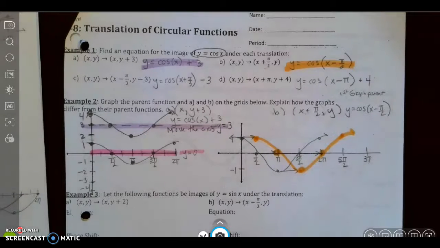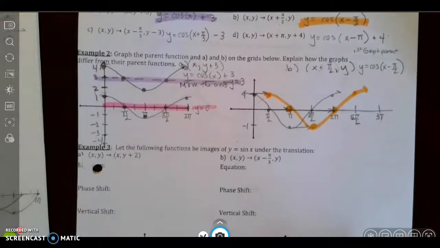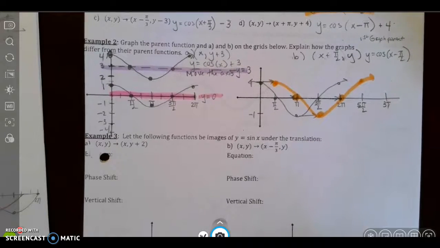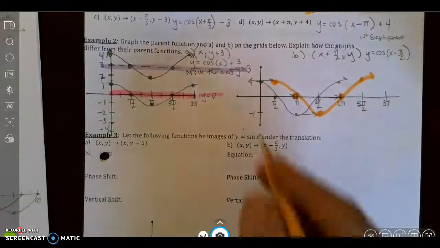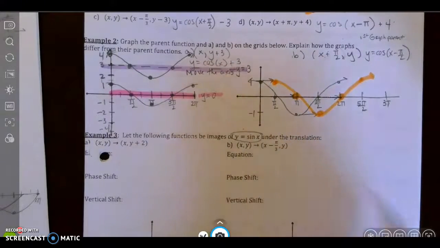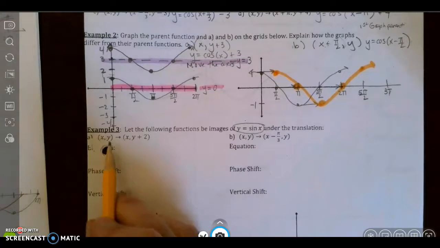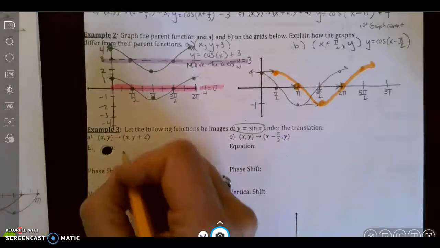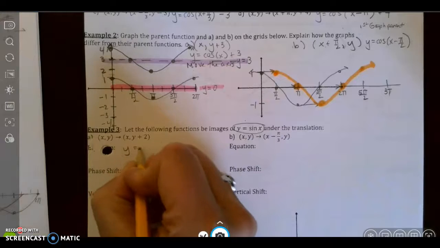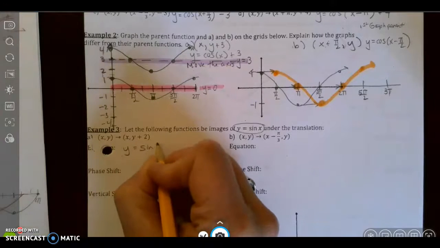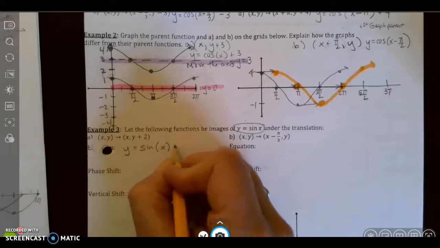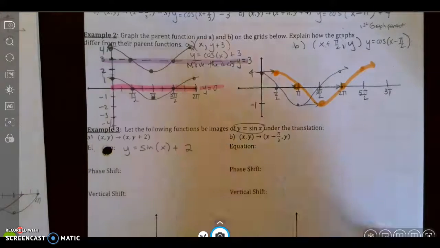Let's look at example 3. If the following functions be images of y equals sine of x this time under the translation. Okay. We're given the translation. Let's write our new equation. Y equals the sine. Nothing happens to x, and I go up 2. Phase shift.